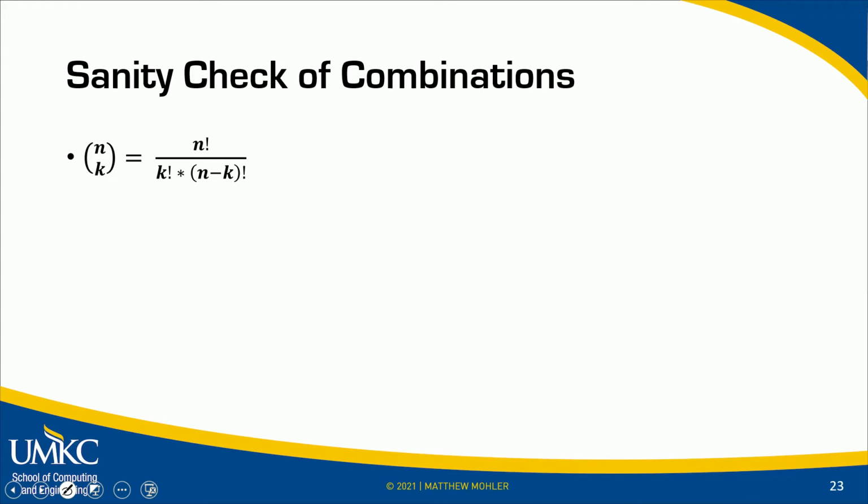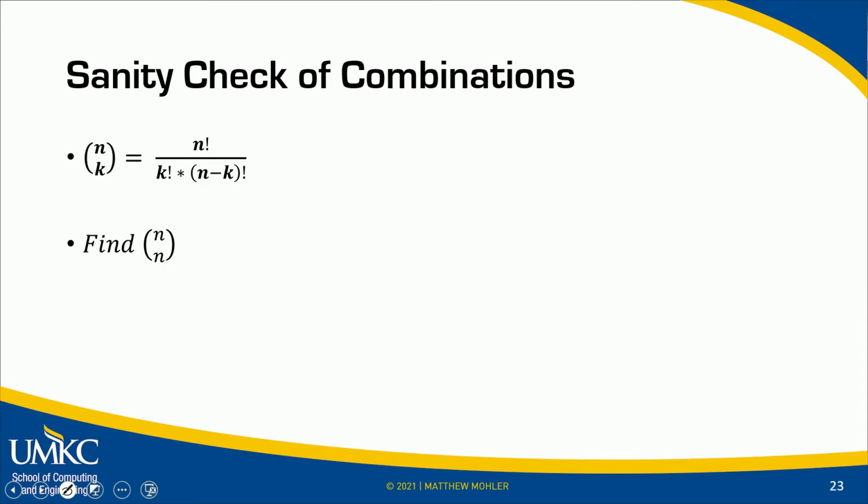Now, if we do a quick sanity check of combinations, let's say that we have, again, just this formula, n choose k, where we have n factorial divided by k factorial multiplied by n minus k factorial. And let's say that we are going to try and find the extreme example where we have n elements and we're picking all n elements.